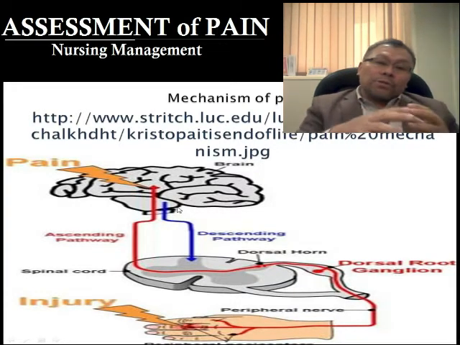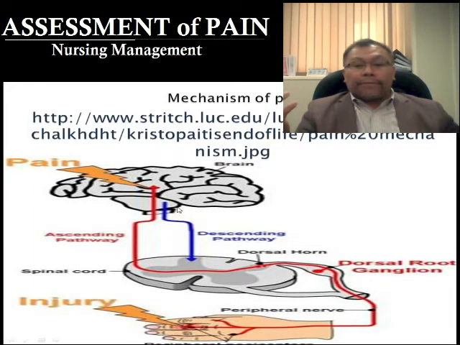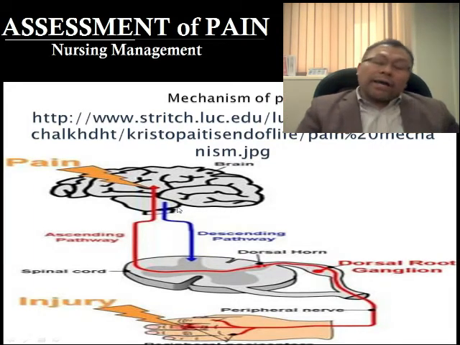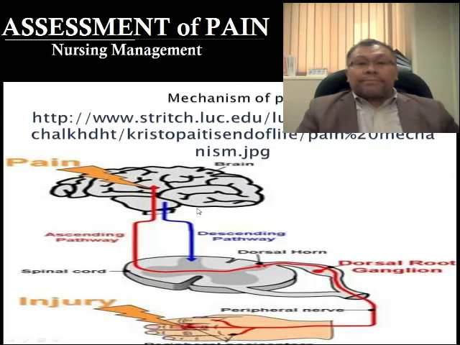So it will go to the descending pathway, and then of course there will be a behavior done by the person.